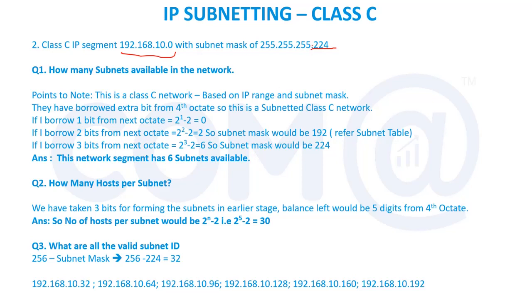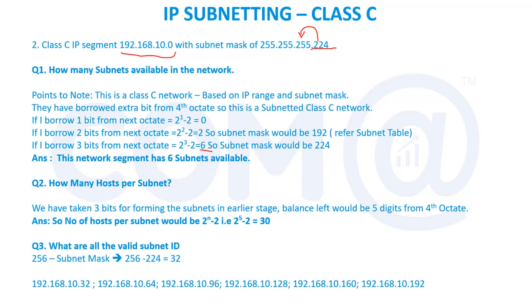Borrow the bits. We know we have to borrow the bits from the host portion to the network portion. So continuing the borrowing of bits, I need to understand when I can stop, right? When I'm borrowing 3 bits, I'm getting 6 subnets. The subnet mask for 3 bits borrowed is 128, 192, 224.